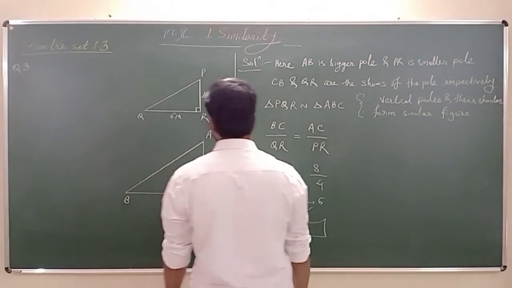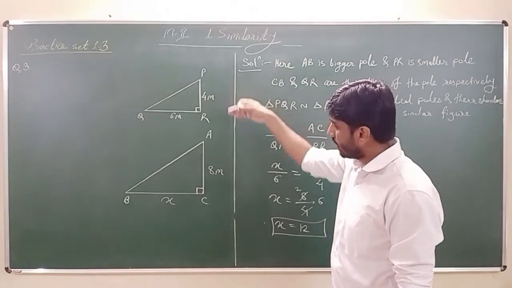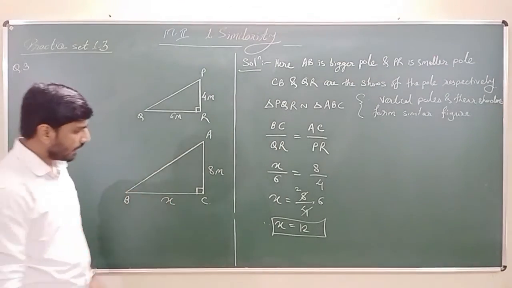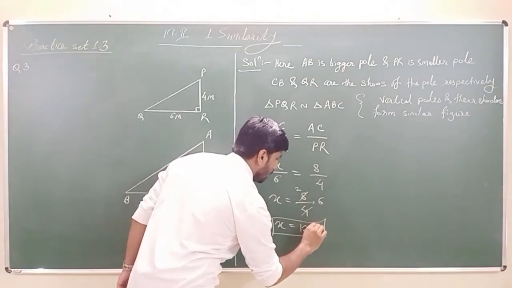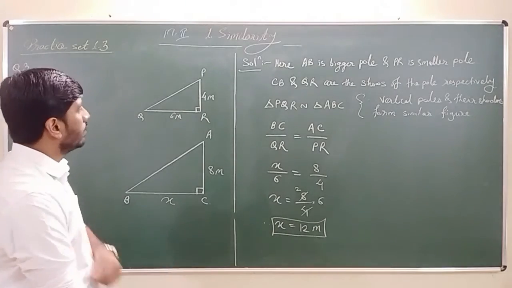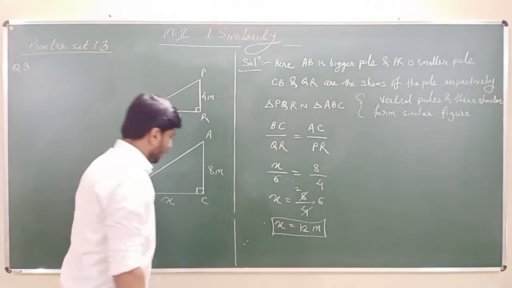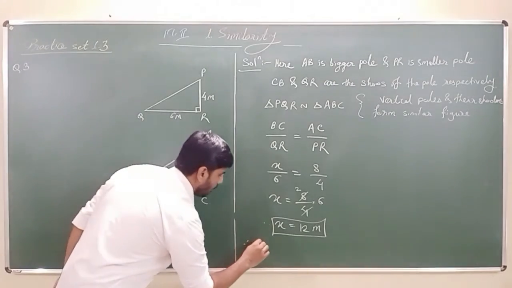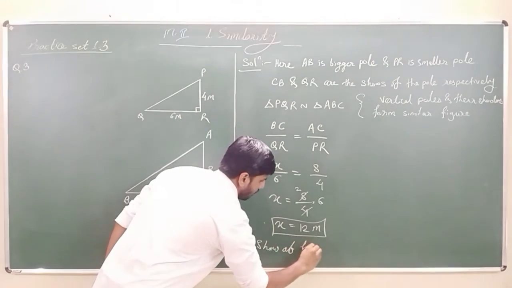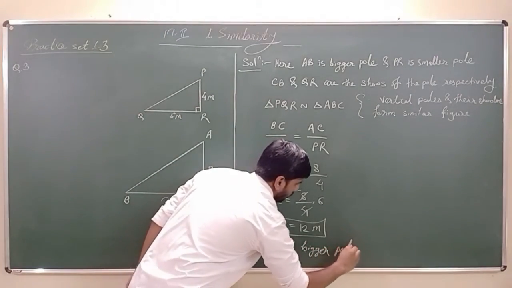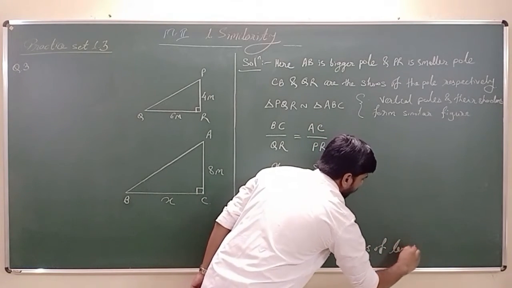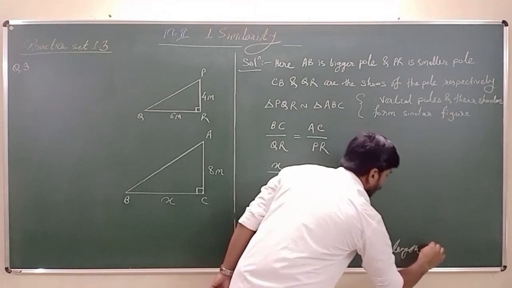Now all the lengths are given in meters, so the length of the base of this bigger triangle will also be in meters, so we call it 12 meter. Therefore the shadow of the bigger pole is of length 12 meter.